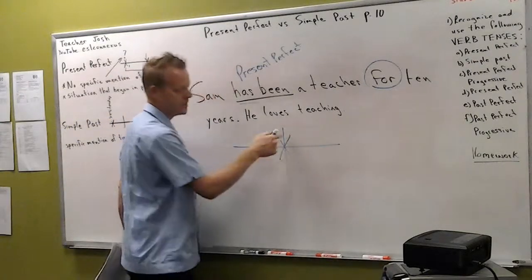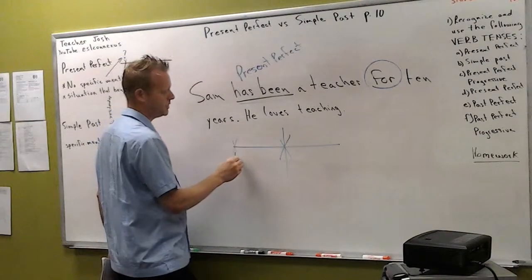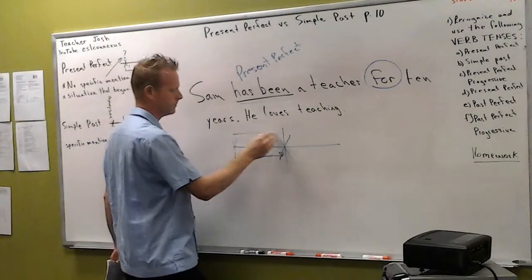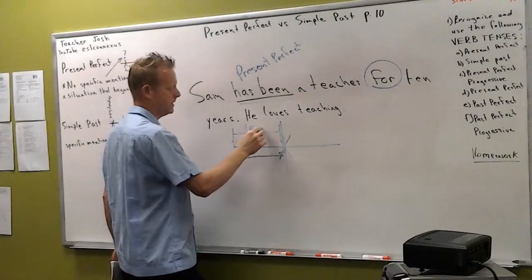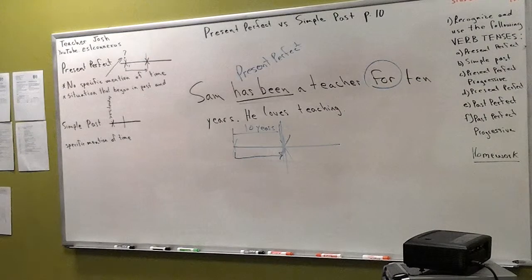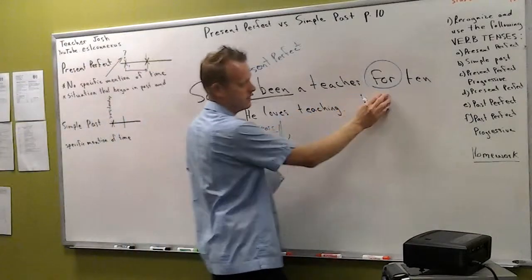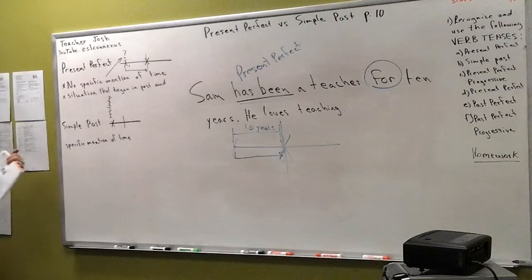Remember, I'm having the conversation now with you, and I'm telling you, Sam, he started teaching how many years ago? 10 years. So I know that this now is 10 years. Okay? So it is possible to mention a specific time frame or duration with the present perfect if you use this little word for plus the time. Okay?